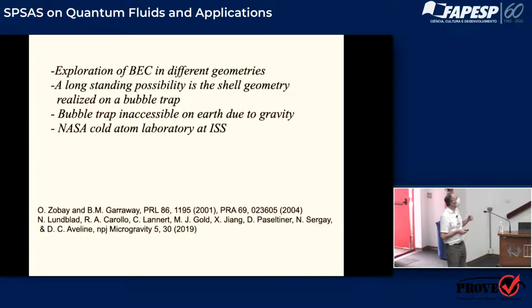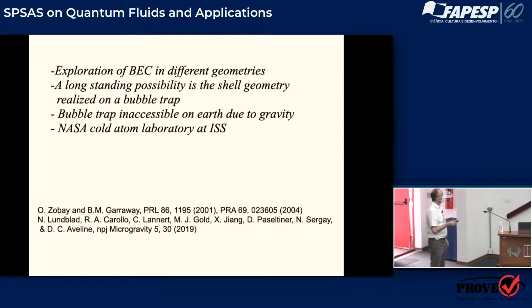Even from the beginning, there has been exploration of BEC in different geometries, maybe in cigar shapes, in pancake traps, so many different geometries. A long-standing possibility is the shell geometry realized in a bubble trap. So you confine your condensate on the skin of a bubble.